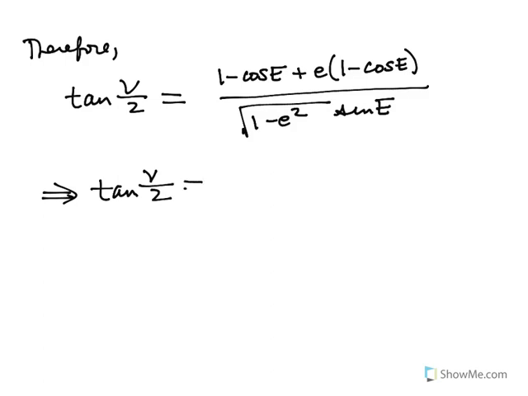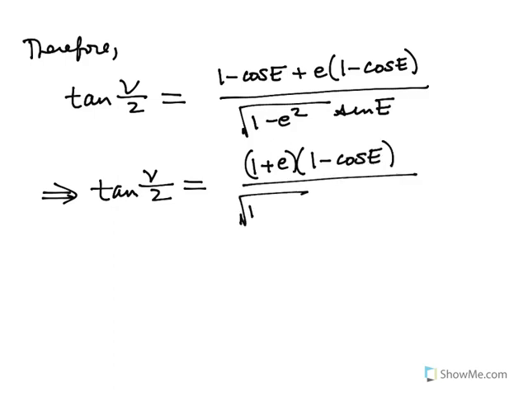You've got the tangent of nu over 2 equals, well, the 1 minus cosine e factors out, so you wind up with 1 plus e times 1 minus the cosine of e, all divided by the square root of 1 minus e squared times the sine of e.